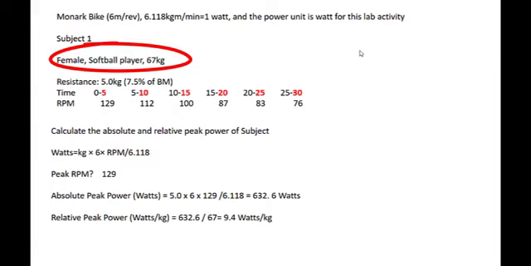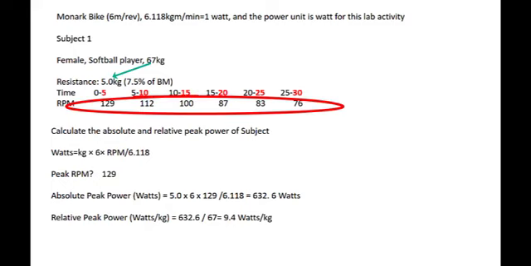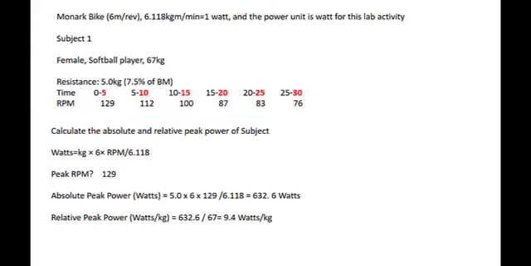Our subject is a female softball player, 67 kg. So 7.5% of her body mass is 5.0 kg. And based on our virtual lab, at the 5th second is 129 rpm, at 10th second 112, and 15th second is 100, 20th 87, 25th is 83, and 30th is 76 rpm.